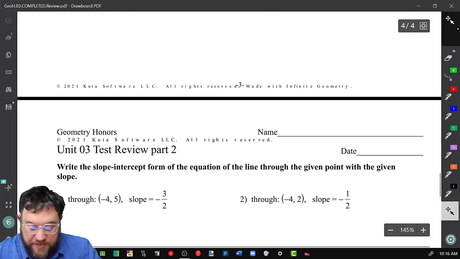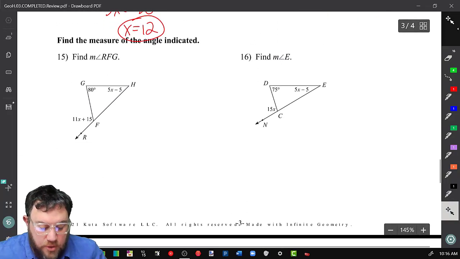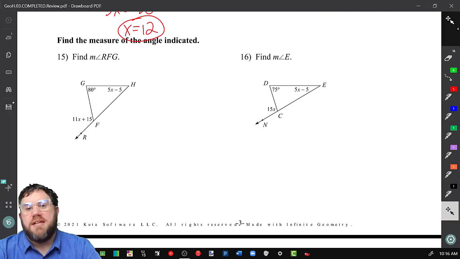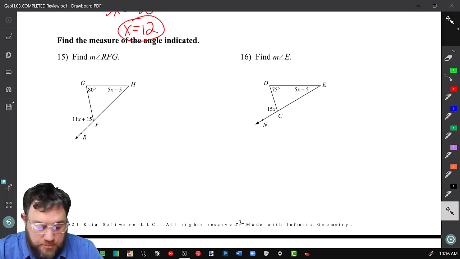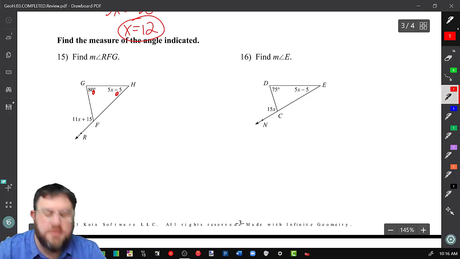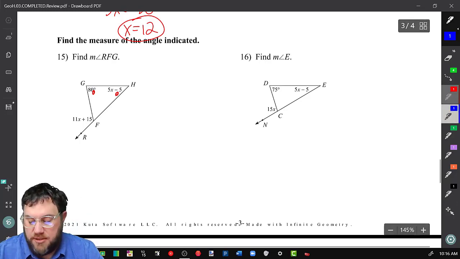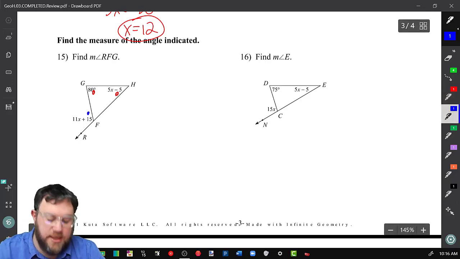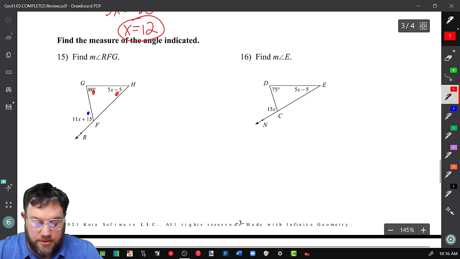All right, for 15 and 16, we are using the exterior angle theorem. That tells us that these two angles, the two remote interior angles, add up to get that exterior angle.